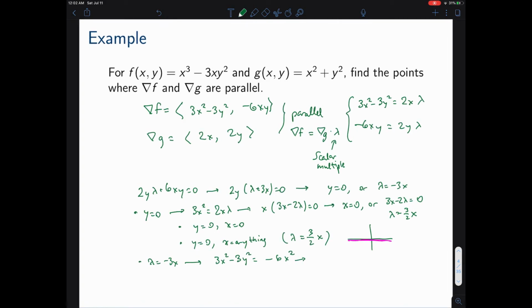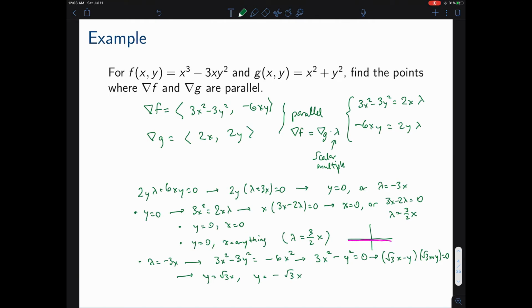If we add everything onto one side and divide by 3, since there's a common factor of 3, we get 3x squared minus y squared is 0. And that factors as square root 3 x minus y times square root 3 x plus y equals 0. That means that either y equals square root 3 x or y equals minus square root 3 x.